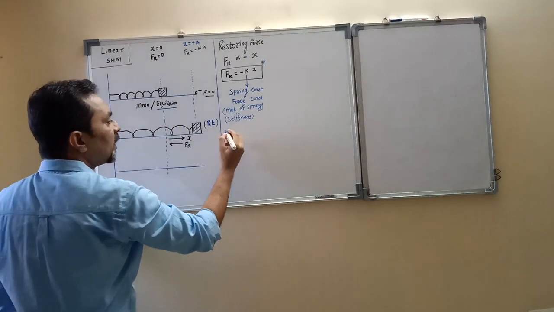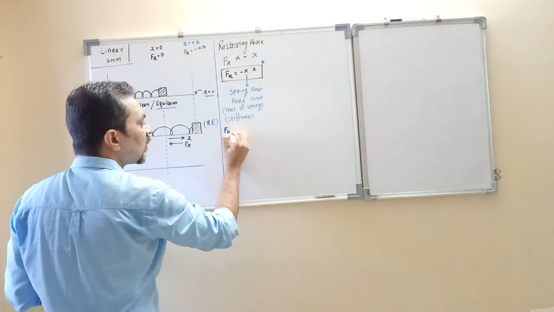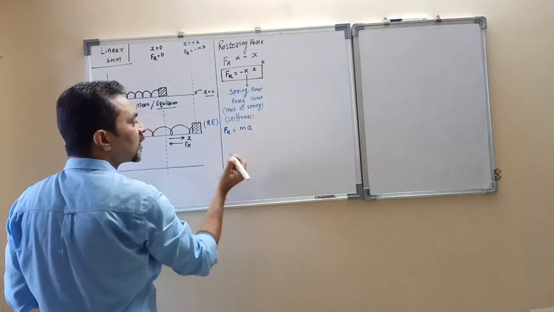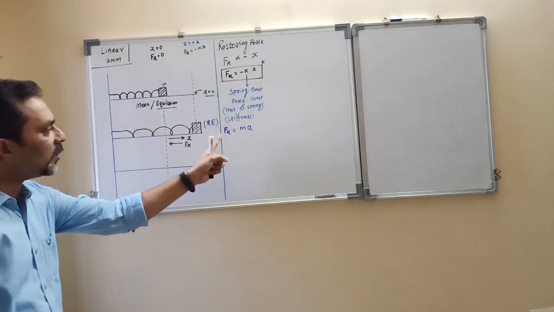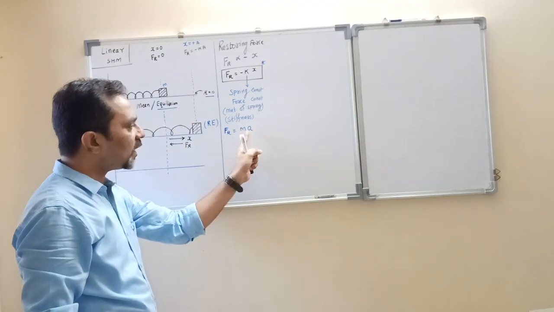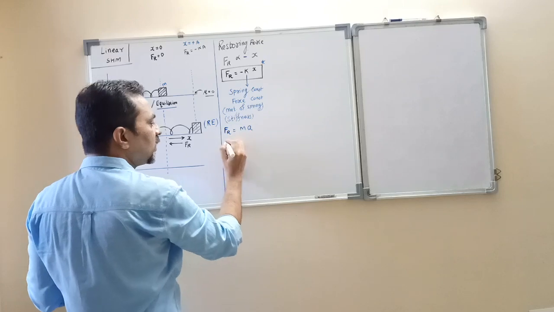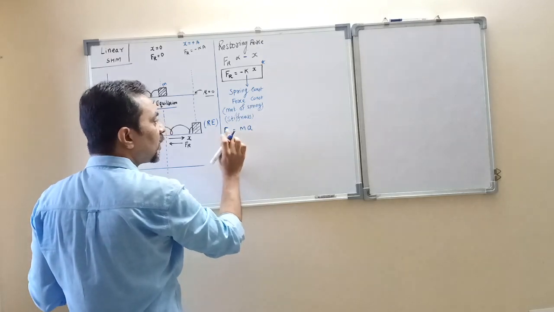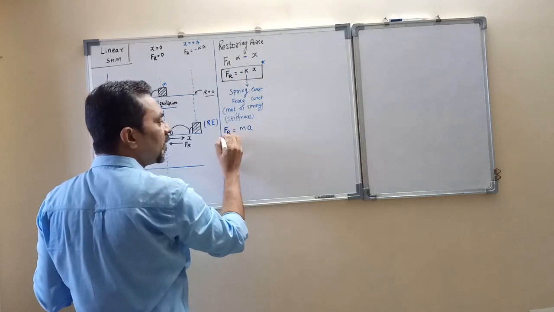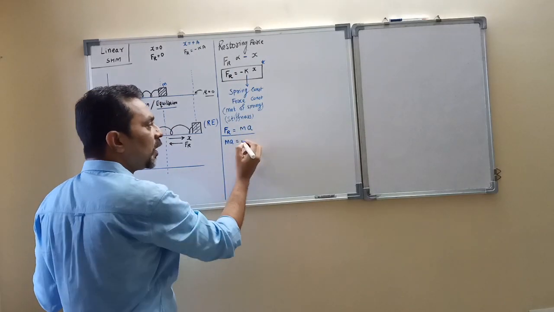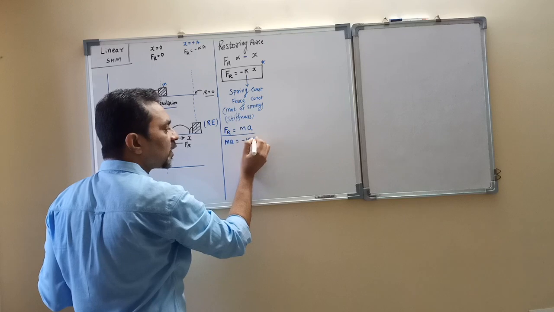Okay. Do you understand? This force is equal to mass into acceleration. Suppose the block I have taken has mass m. If the mass of the block is m, then restoring force will be equal to mass into acceleration. So can I say therefore ma, restoring force was minus kx, but now restoring force by Newton's law we know is equal to m into a. So can I say it is equal to minus k into x?